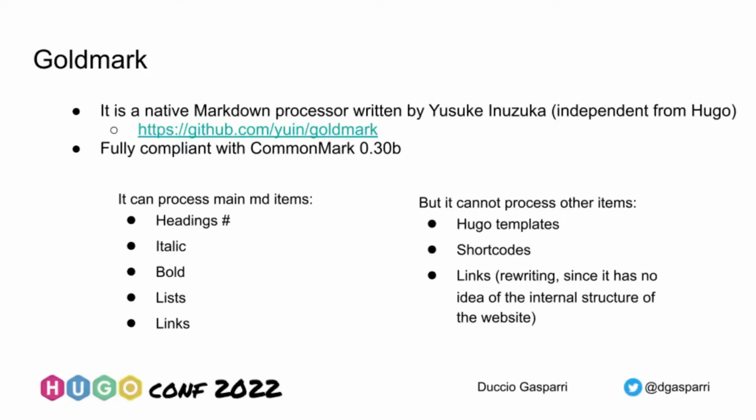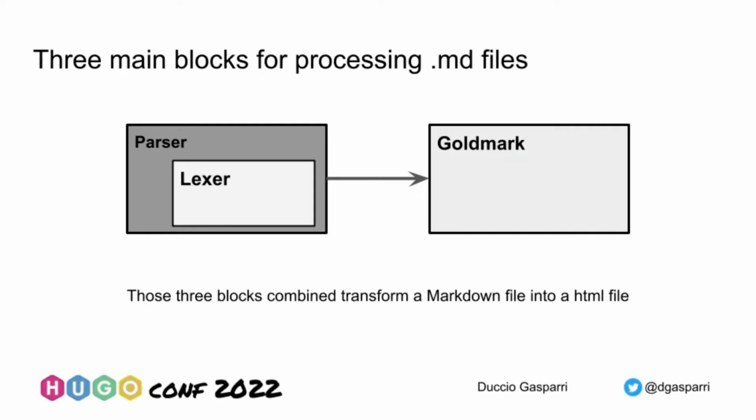But it cannot process other items such as templates, shortcodes, or internal links. Goldmark has no idea of the internal structure of the website, so it cannot really resolve a link inside of our website. So there is a need for an outer layer of pre-processing and post-processing of the files to handle those items that are ignored by Goldmark.